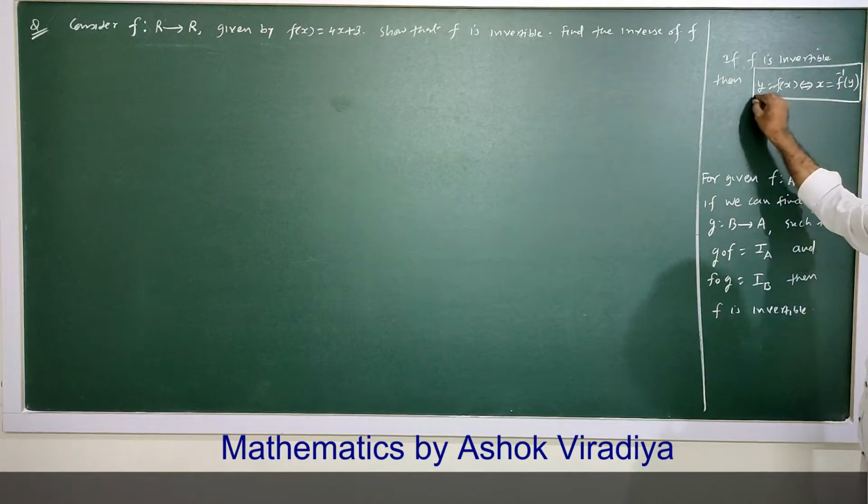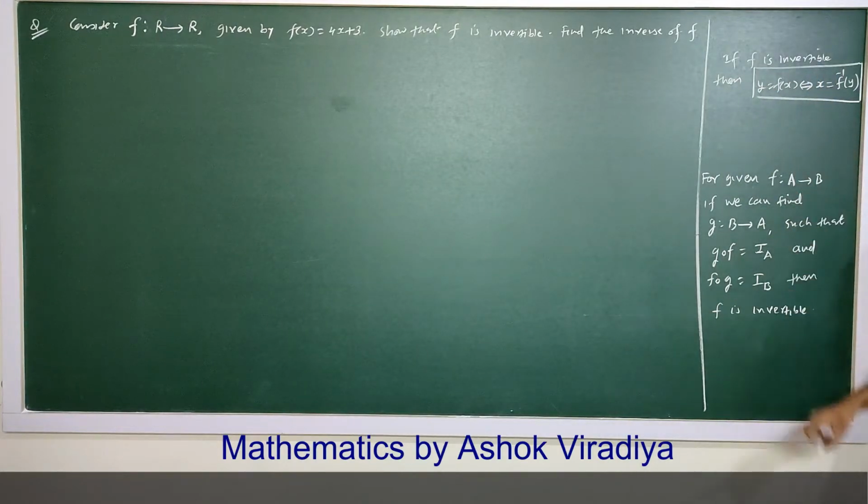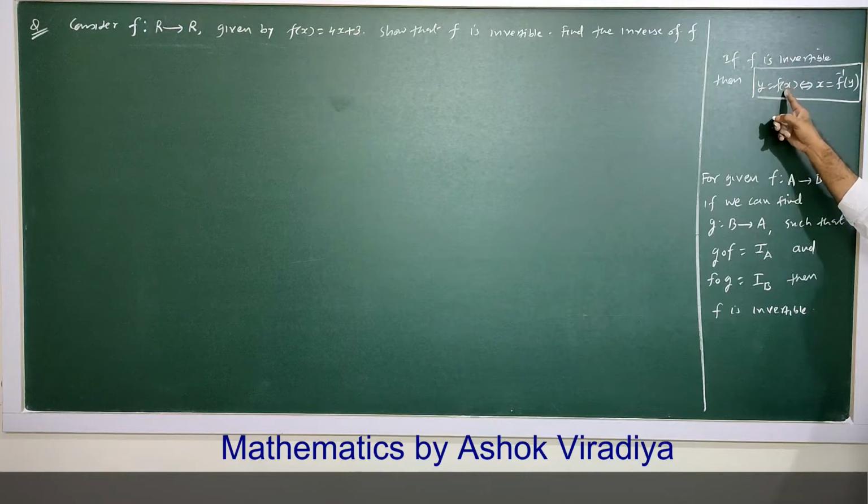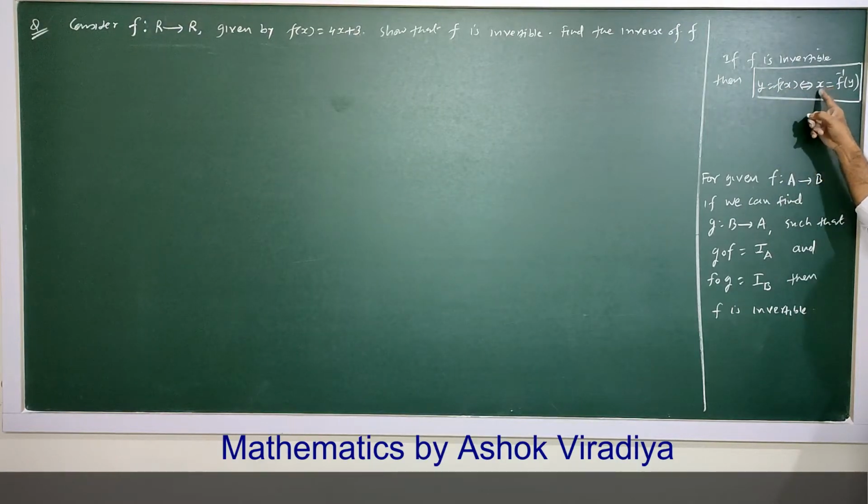This is the method to find the inverse function. If the function is invertible, then from y equal to f(x), whatever value of x we get, that value of x will be f inverse of y.